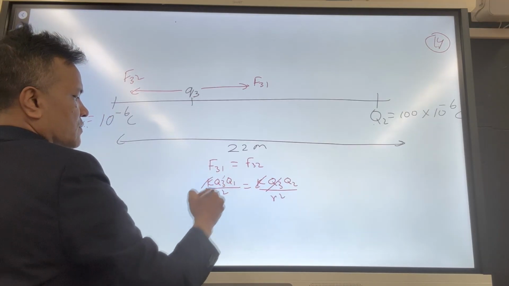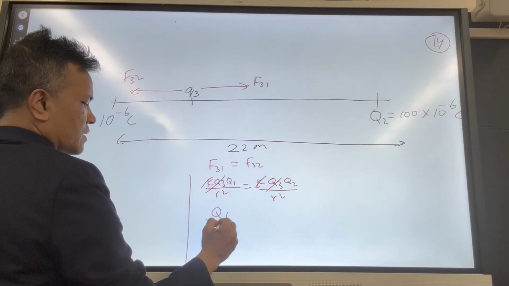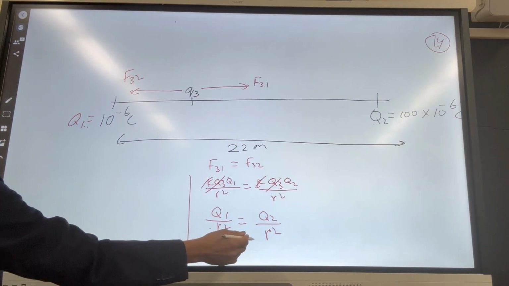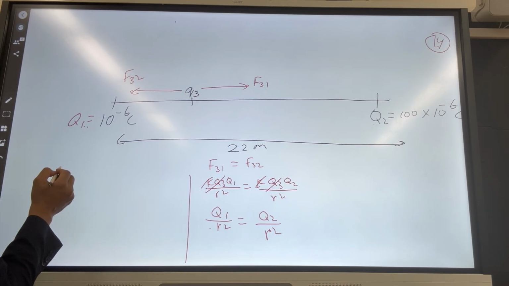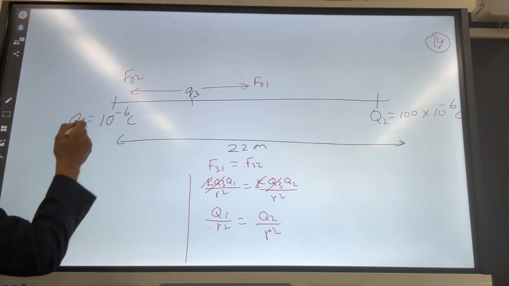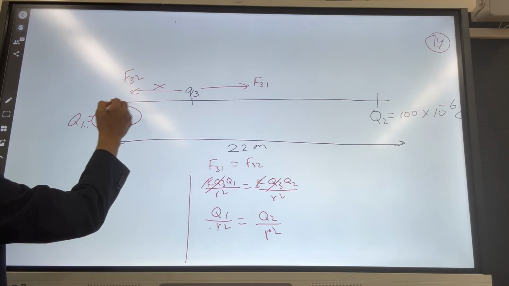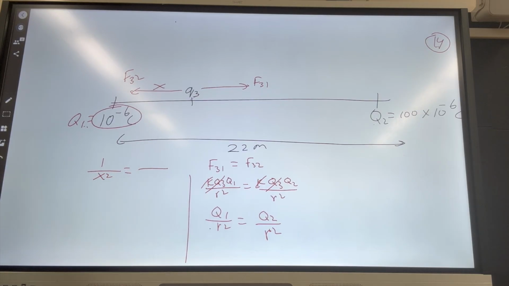K Q3 and K Q3 cancel. So you have Q1 over R squared and Q2 over R squared. You cannot cancel them, by the way. Q1 is 1, so 1 over X squared, letting the distance be X, is equal to Q2.